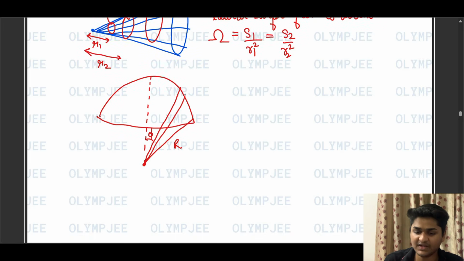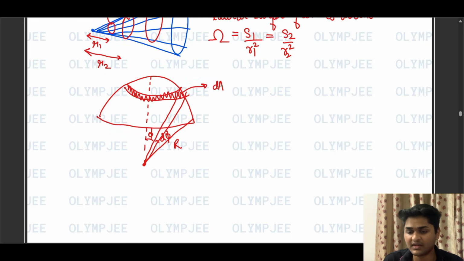So this angle would be d phi, and this will subtend a ring like element on this cap. Basically I am trying to find the area of this cap so that I can apply this formula and find the solid angle.